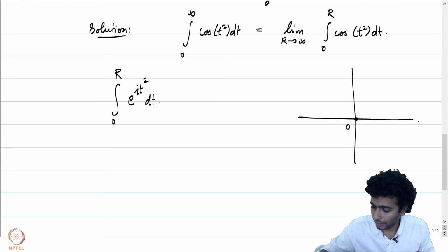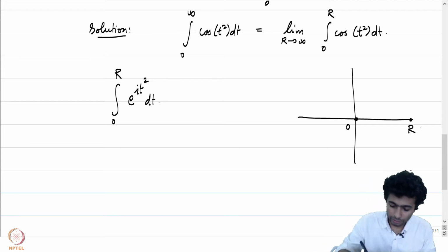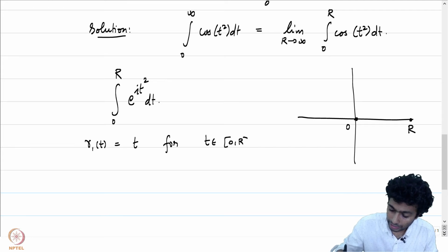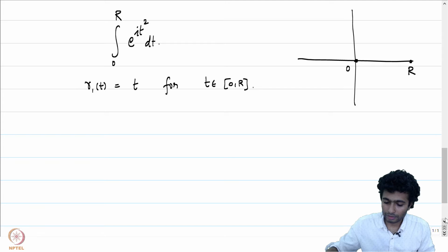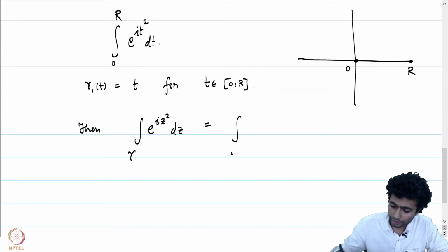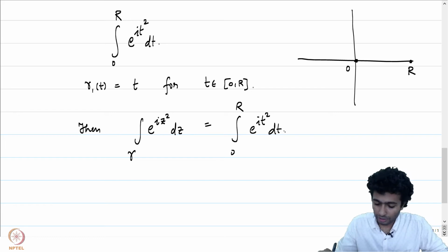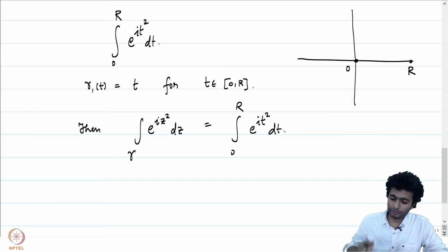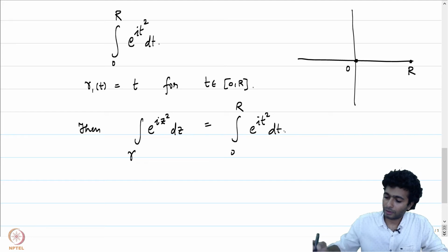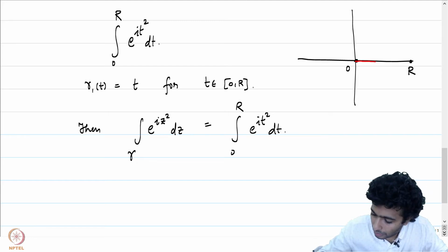We have 0 here and we have an R here, and if we take gamma 1 of t equal to t for t in 0 to capital R, then the integral of e to the power i z squared dz over gamma 1 is equal to the integral from 0 to R of e to the power i t squared dt, by a change of variable which we discussed last week. Let me draw in red the path along which we are computing the integral.